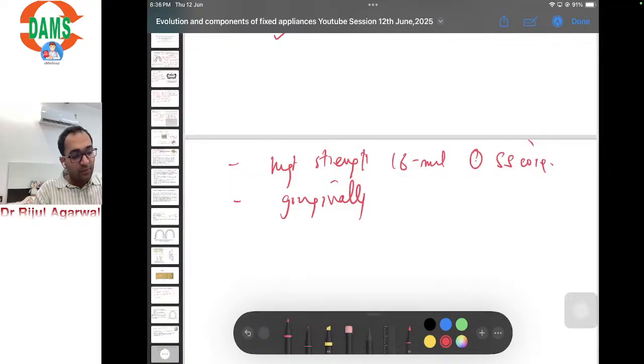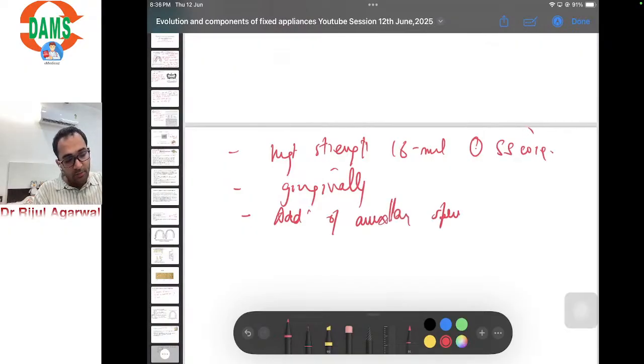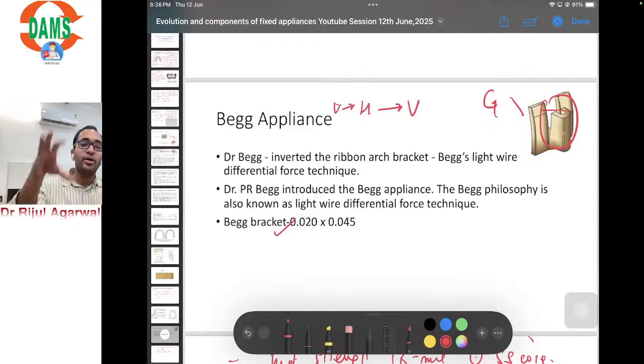The next modification was the addition of auxiliary springs. If we just insert the wire like this, it will fall out of the bracket because of this vertical opening. So he used springs and pins to retain the wire.